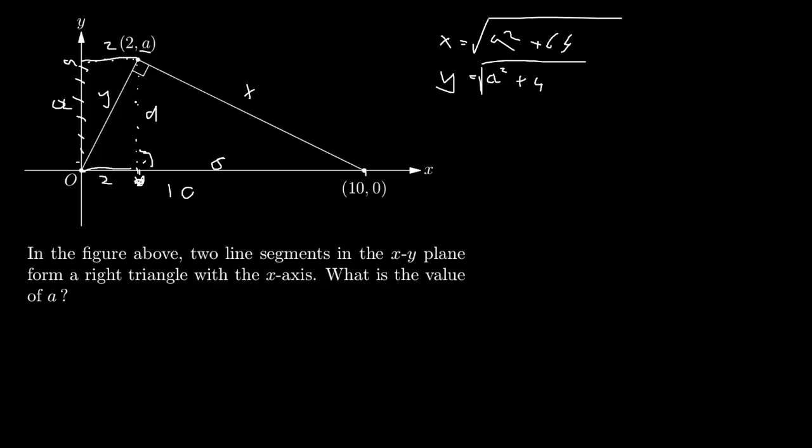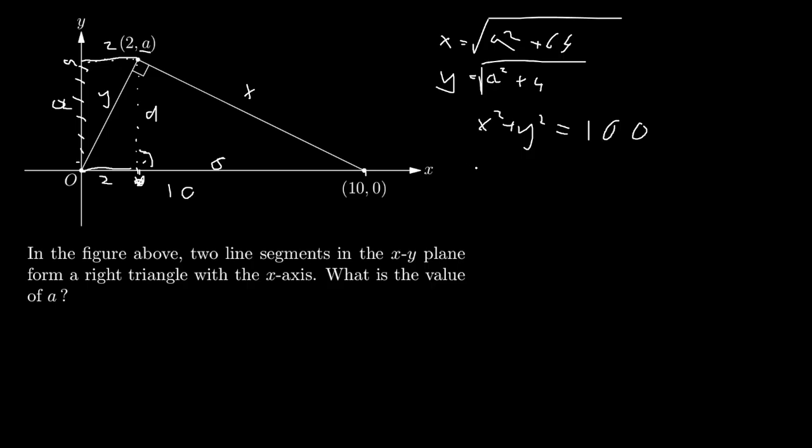And we know, because the big triangle is also a right triangle, that x squared plus y squared equals 10 squared, which is 100. Okay, let's substitute that in. It was actually a waste of time to write them up like square roots because we will square it now, but that doesn't matter.